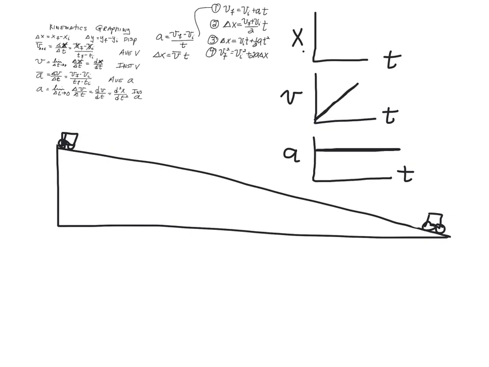So the velocity, assuming you start at rest, is going to be a straight line. Now, as the ramp is more shallow, the velocity will increase slower. As the ramp gets steeper, the velocity will increase at a greater rate.